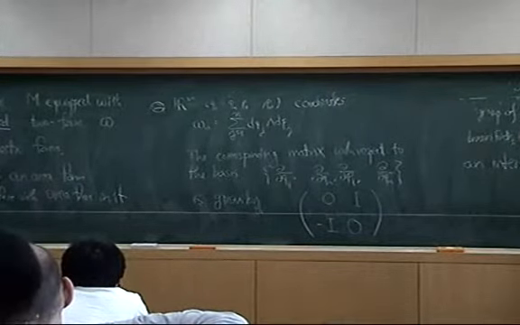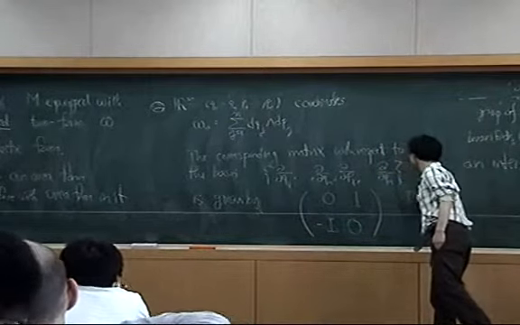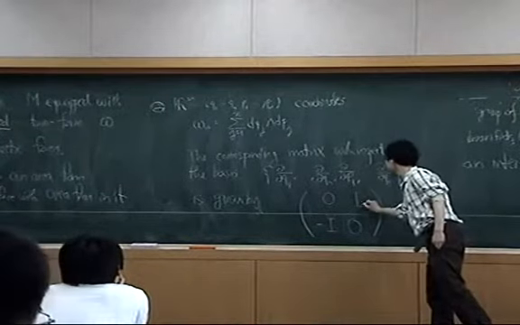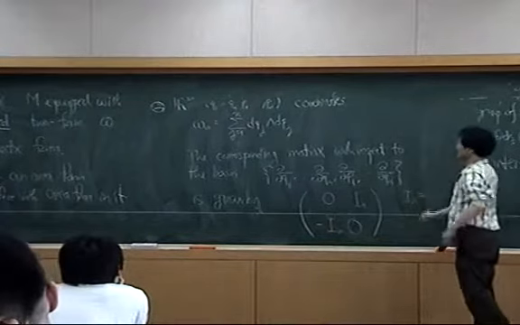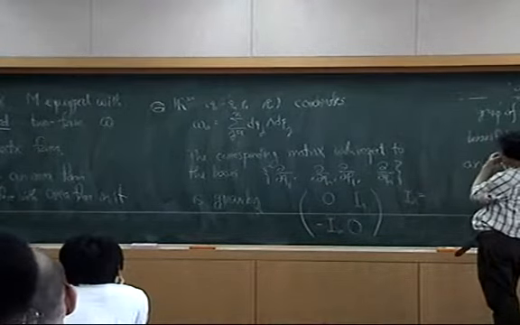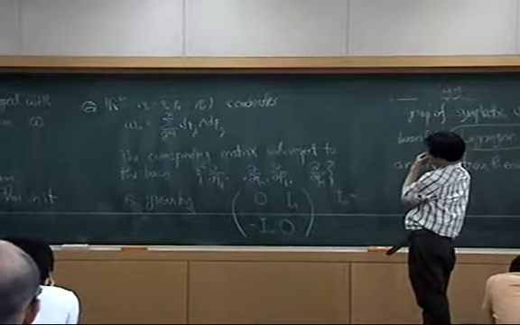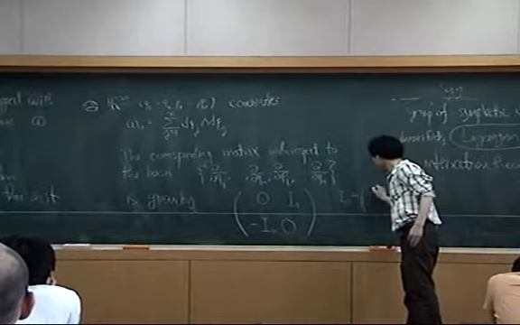This is an invertible matrix, where I is the n by n identity.